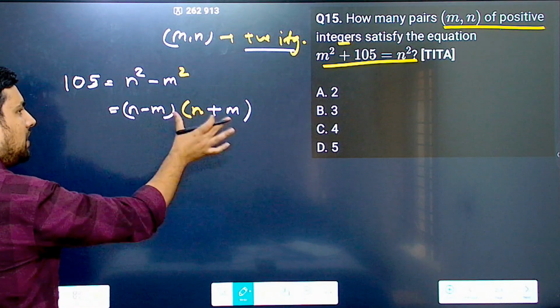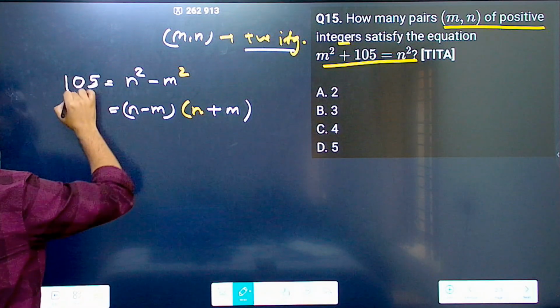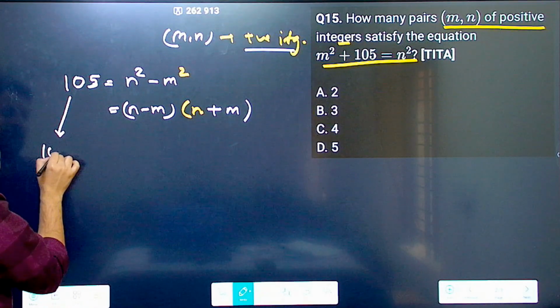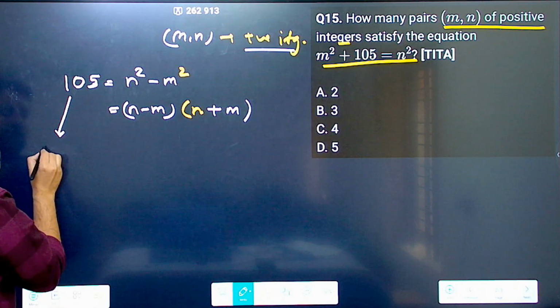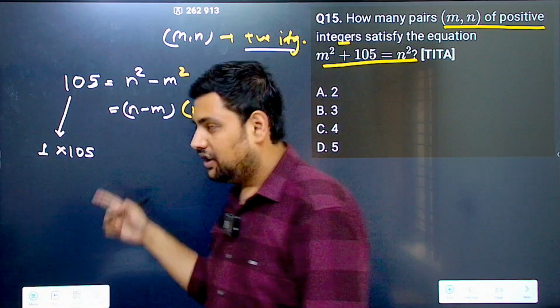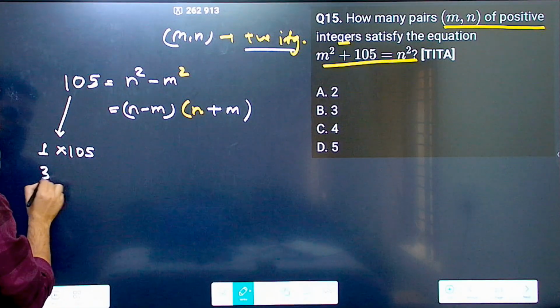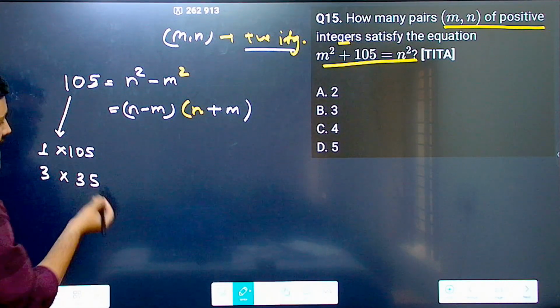Now what can be these two numbers? So now just think of in what ways I can write 105. I can write it as 1 into 105. Is this possible? Yes, correct. Then the other possibility, it is divisible by 3, so I can write it as 3 into 35. Correct.